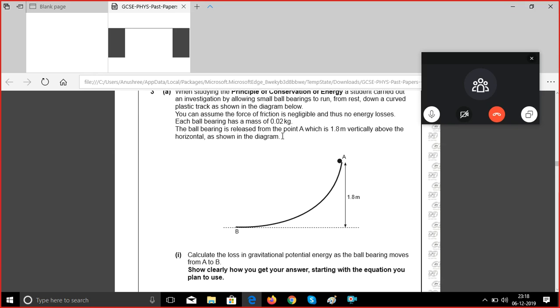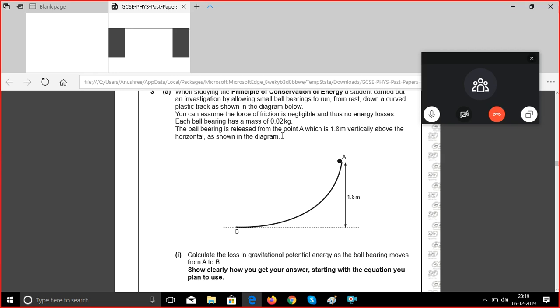Each ball bearing has a mass of 0.02 kilograms, and the ball bearing is released from point A, which is 1.8 meters vertically above the horizontal. Calculate the loss in gravitational potential energy as the ball bearing moves from A to B.